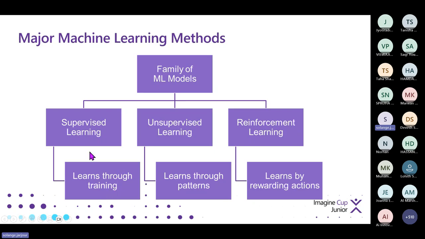So for example, if I want the machine to learn from a data that is labeled, then I will go with supervised learning. If I don't have a labeled data, I have just images, and I need machine learning, for example, to classify, to segregate, to put in groups, then I will use the unsupervised learning.